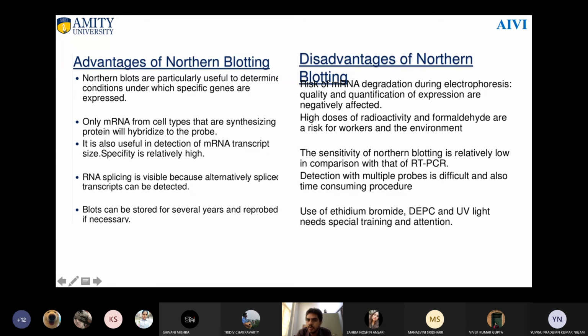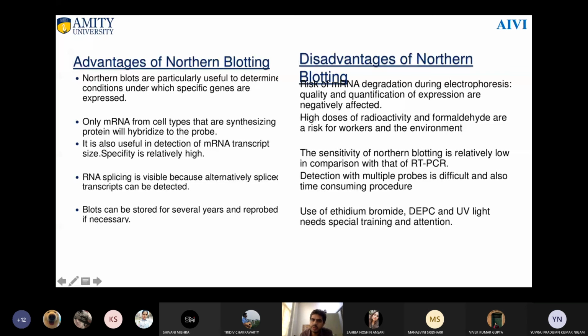Radioactive hydroxide and formaldehyde are risks of poison. So this is the disadvantage of every type of blotting, but here the formaldehyde you are using may be another risk other than the radioactivity. So these are a few disadvantages of northern blotting, but the aim that you can get from northern blotting is not possible with southern blotting.